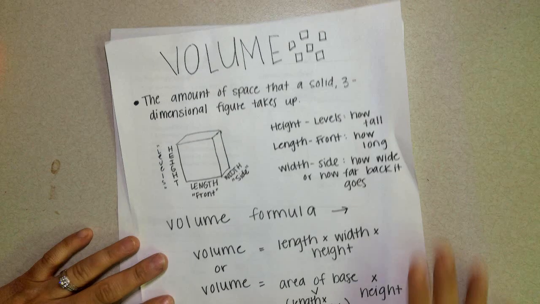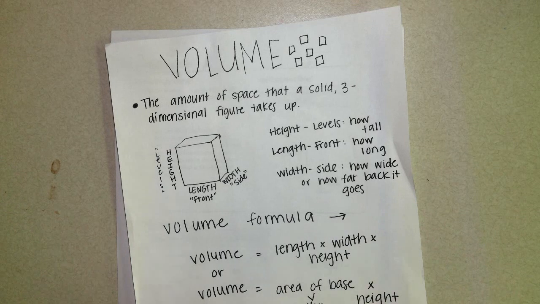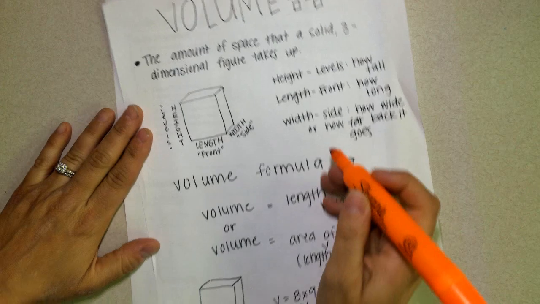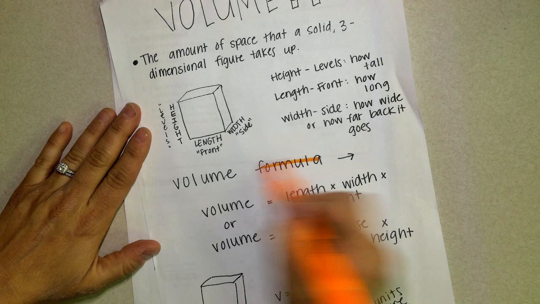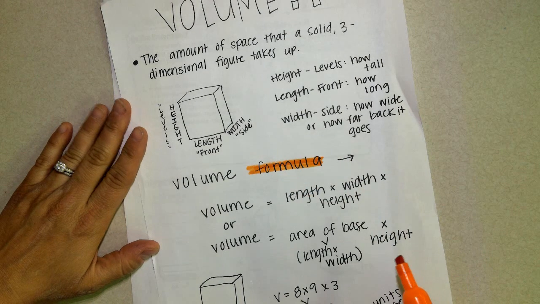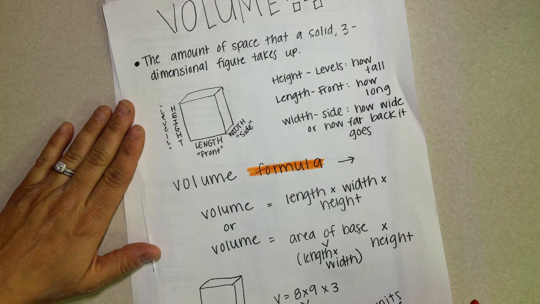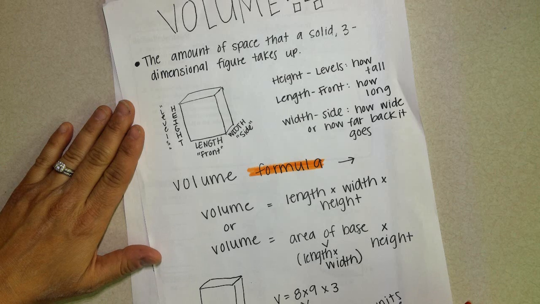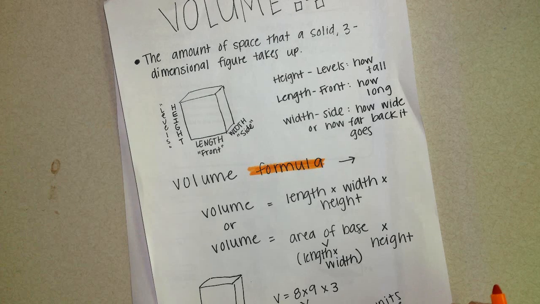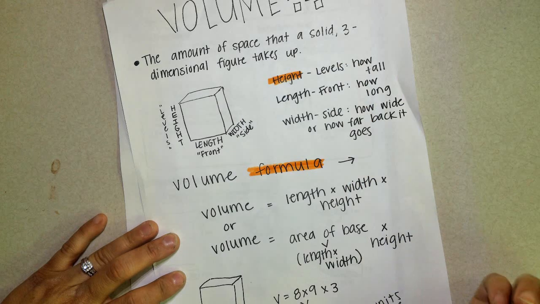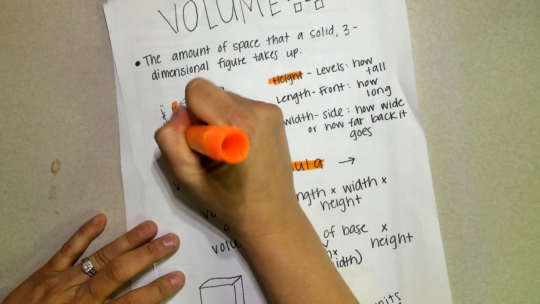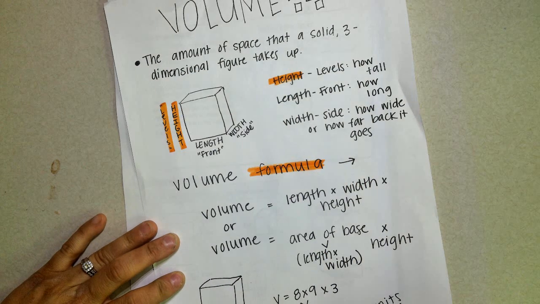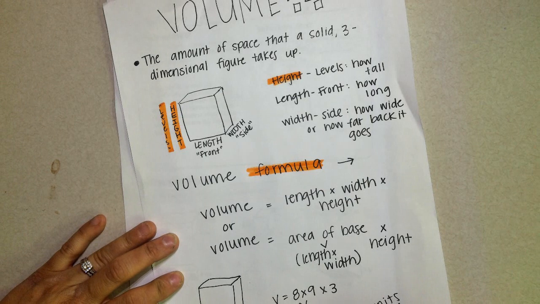So, yesterday we learned about the basics of volume, and now we're going to look at a formula that's going to help you find volume. When you are finding volume, you will be given three numbers. You'll be given the height, which is those levels, or those layers, like how tall the prism is.